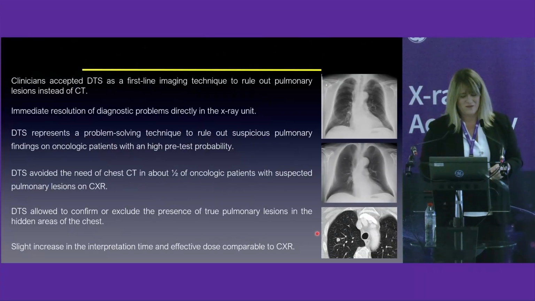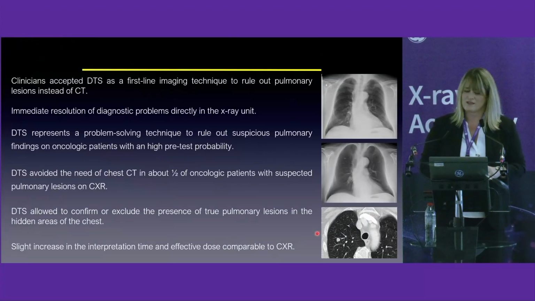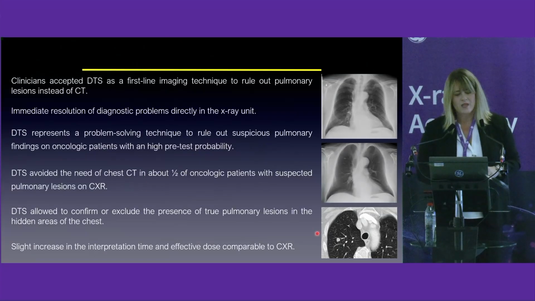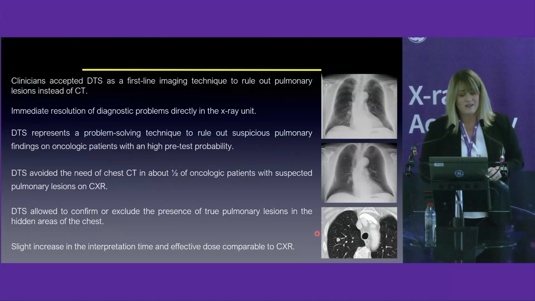So coming to the conclusion, clinicians in our hospital accept DTS as a first-line imaging technique to rule out suspected lesions on chest X-ray instead of CT. We get immediate resolution of diagnostic problems directly in the chest X-ray unit.